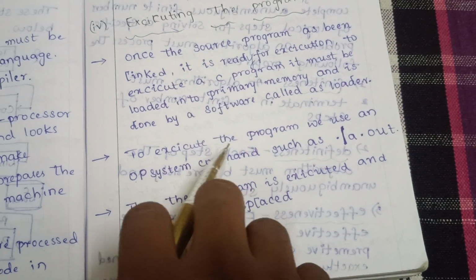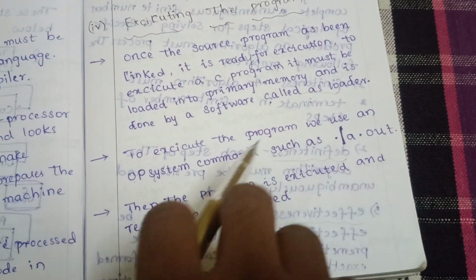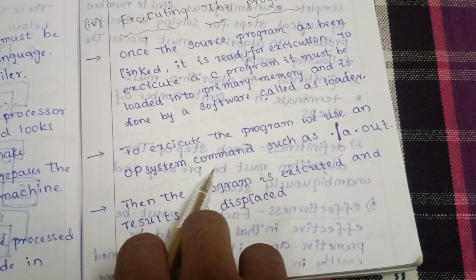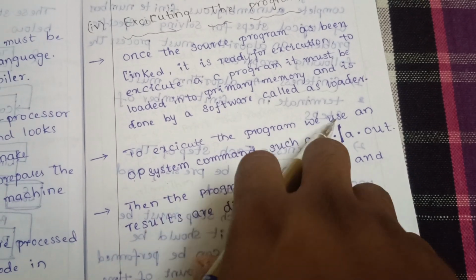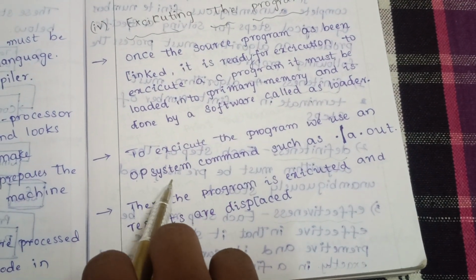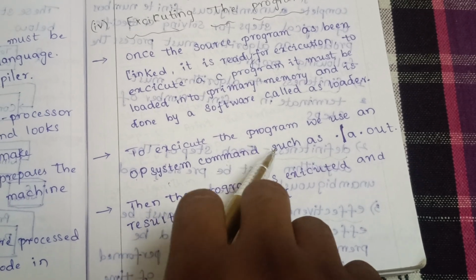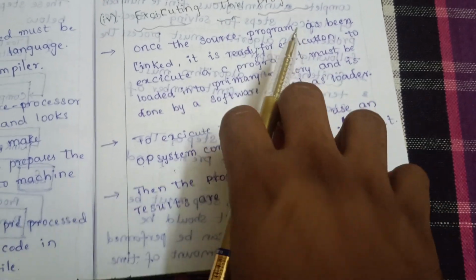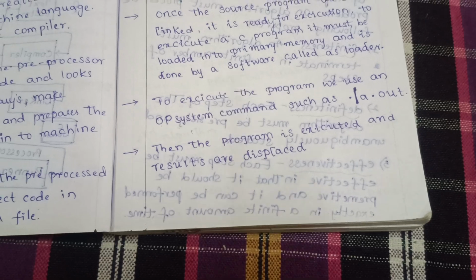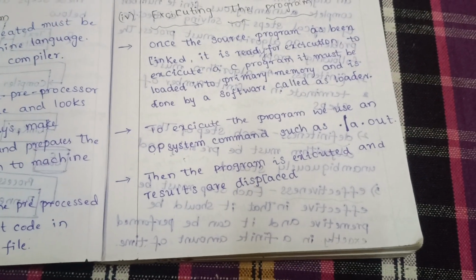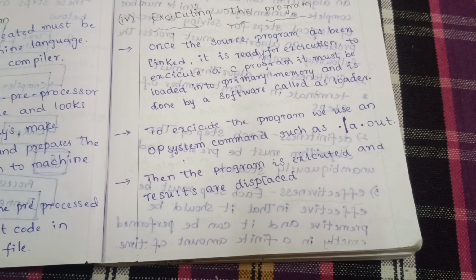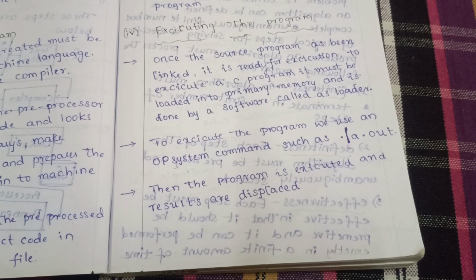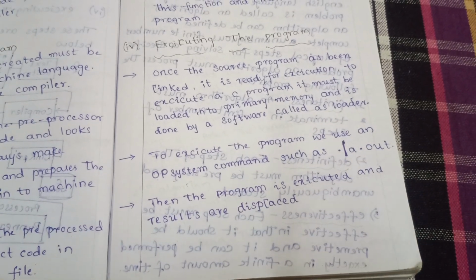Then to execute the program, we use commands such as dot slash a dot out to get an output. To create a program, we type gedit space our file name dot c.